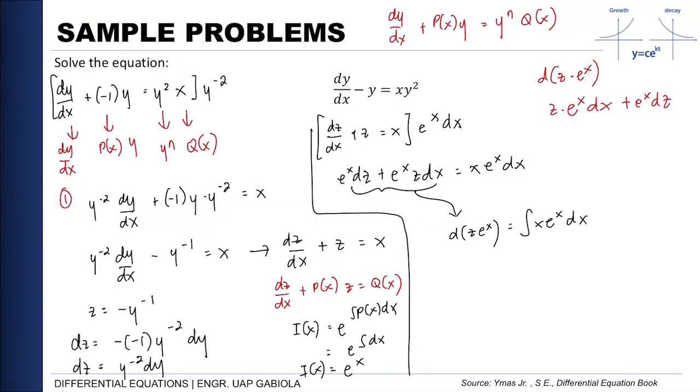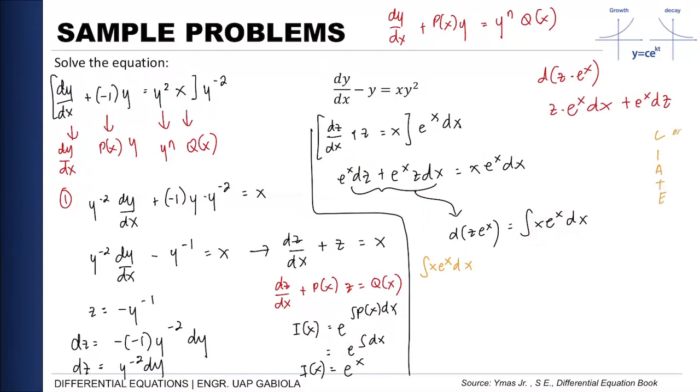Itong kabila, we need to perform what procedure. So wala siyang direct na integral si x e^x, hindi siya pwedeng e^u du kasi dapat e^x dx lang. So we can perform integration by parts muna, no? So kunin natin yung integration by parts, no? So we have x e^x dx. So assume natin, fina-follow natin again is LIATE, no?